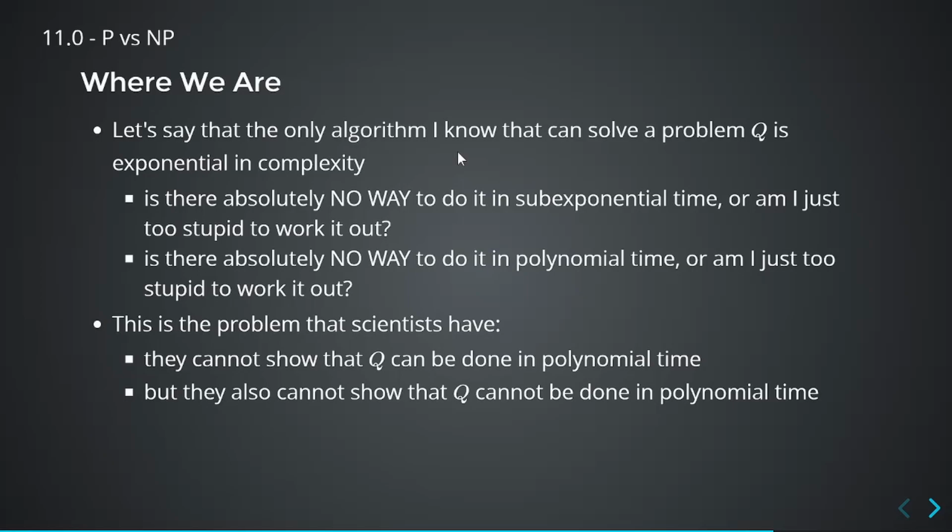And that is the problem that some scientists have with some of these problems. They've got a problem, and they cannot show that the problem Q, say, can be done in polynomial time. They don't know any algorithm that can do it in polynomial time. But they also cannot show that Q cannot be done in polynomial time. So that's the frustrating bit.